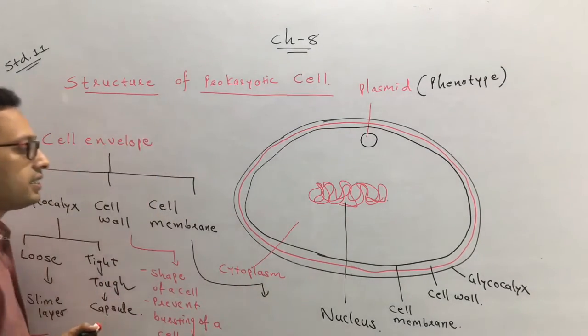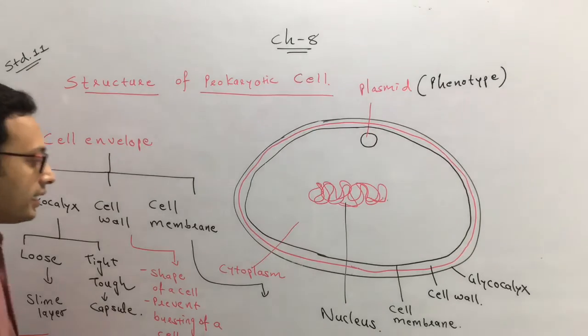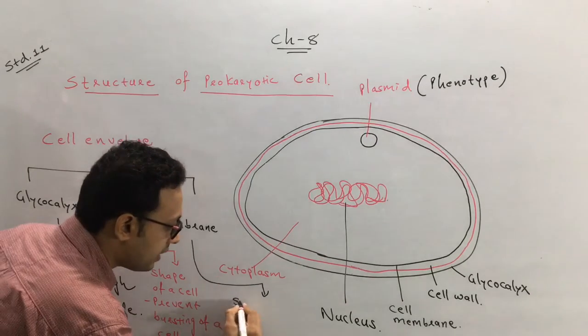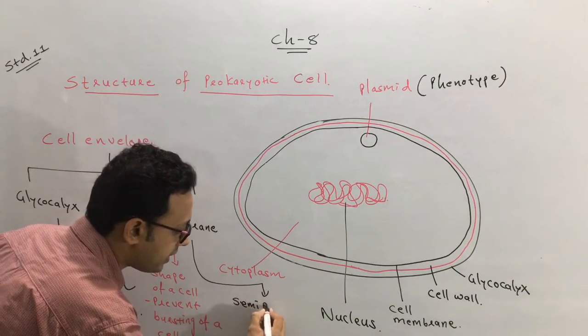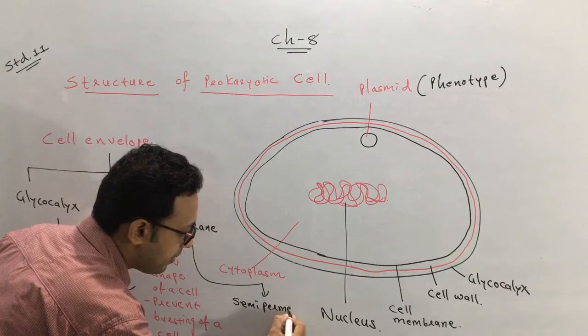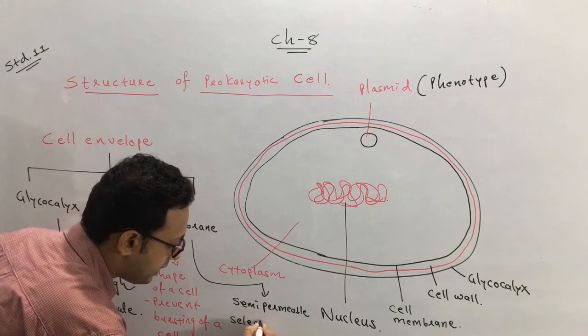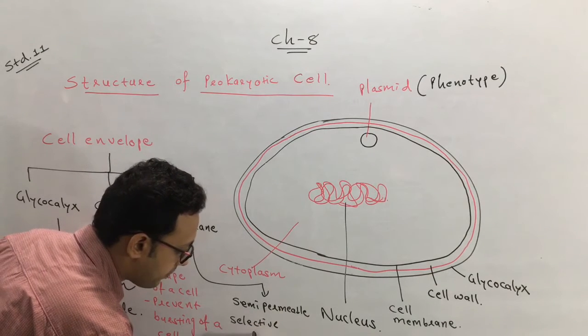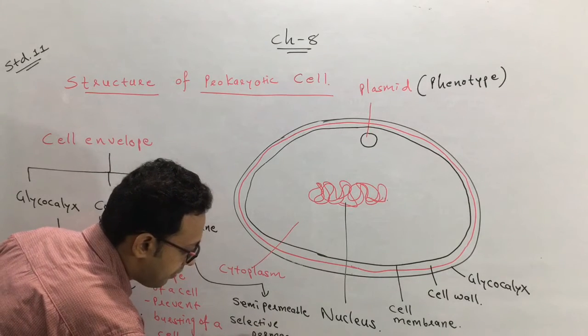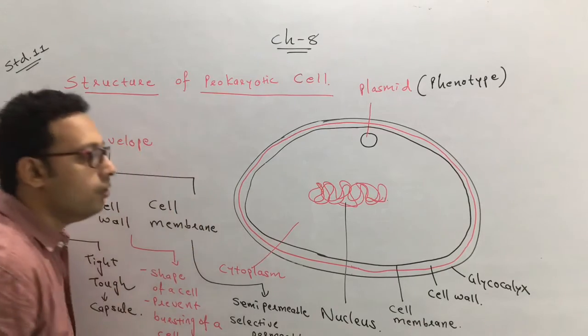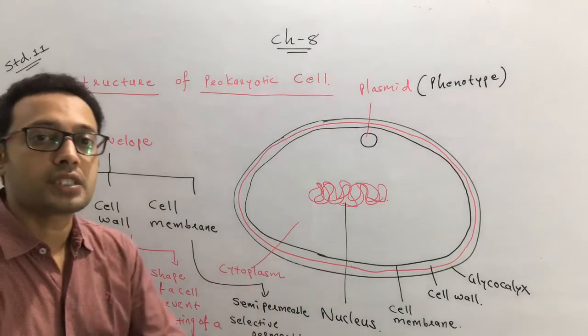The characteristic of this innermost layer is that, like other cells or eukaryotic cells, it is a semi-permeable and selectively permeable membrane. That means it will only allow selected molecules to cross it.